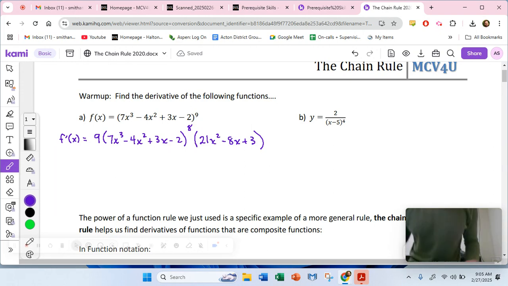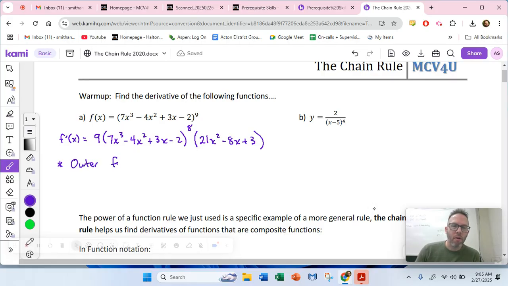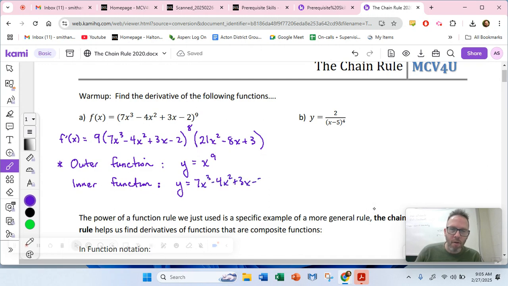And my point here is that you guys have already been finding derivatives of composite functions when you've been using this rule. In this question, the outer function is, I'll just use y equals notation, y equals x to the power of 9, and the inner function is this cubic 7x cubed minus 4x squared plus 3x minus 2.